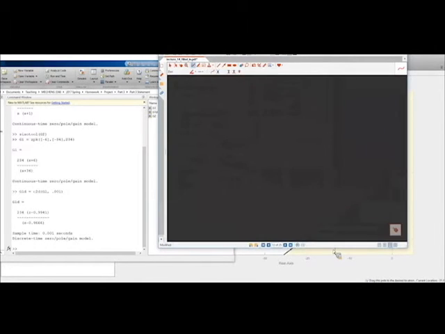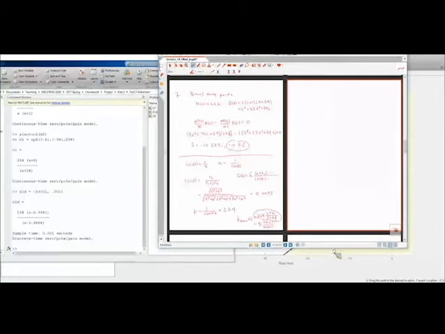We said that G1D, in digital time, is a function of Z, and it is equal to this.